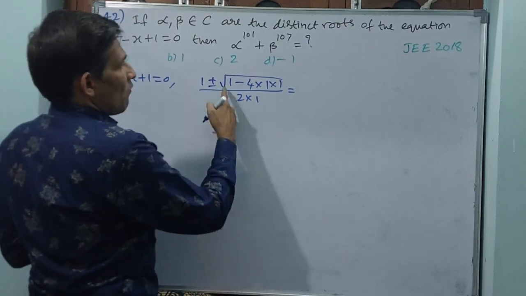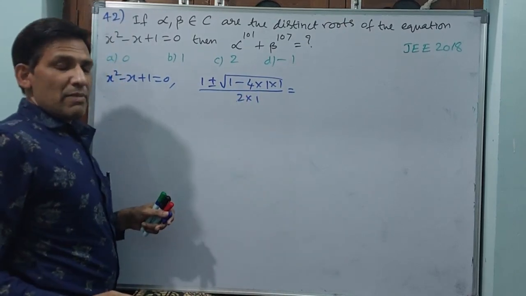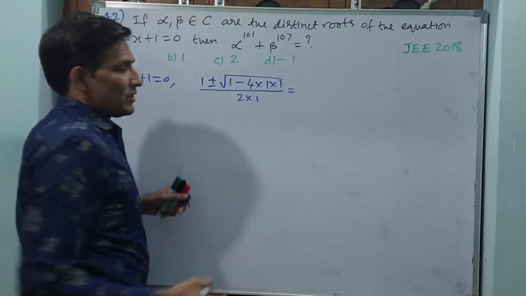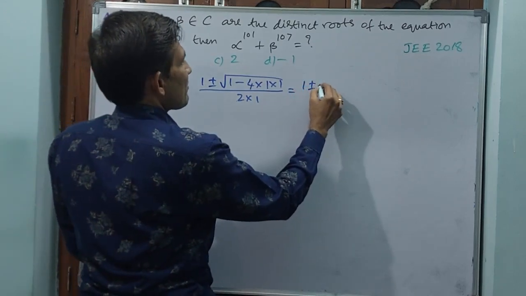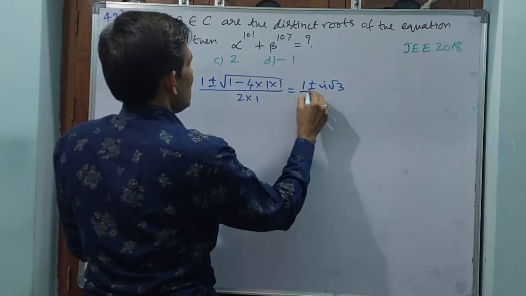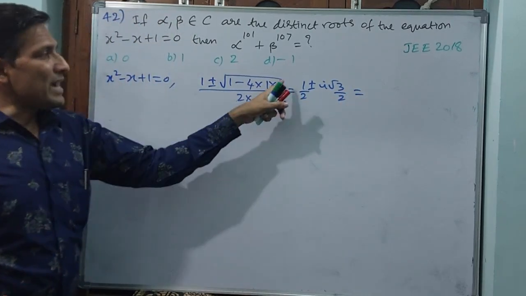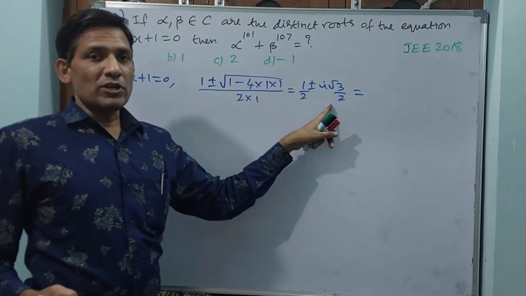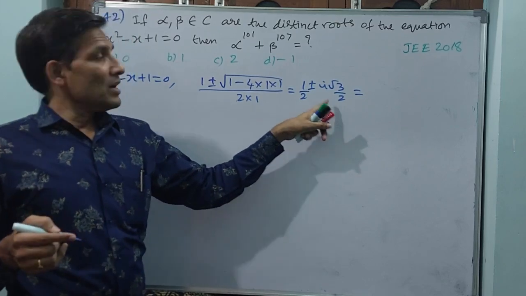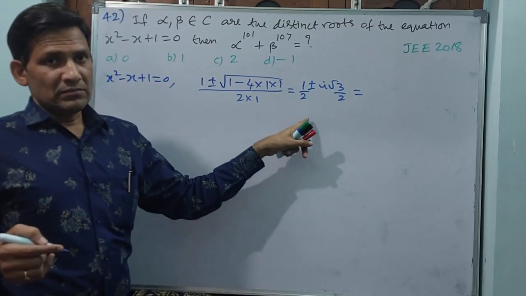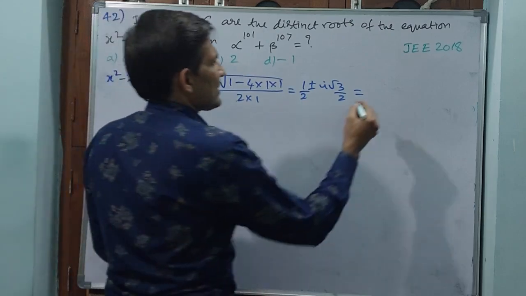Okay? 1 minus 4, minus 3, i root 3. 1 plus or minus i root 3 divided by 2, divided by 2. See, it is minus 1 by 2 plus or minus i root 3 by 2, omega square. But plus 1 by 2 has come. Minus omega square, that's all.